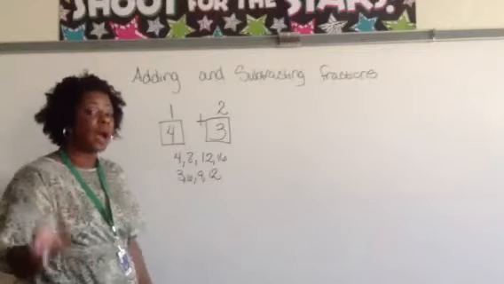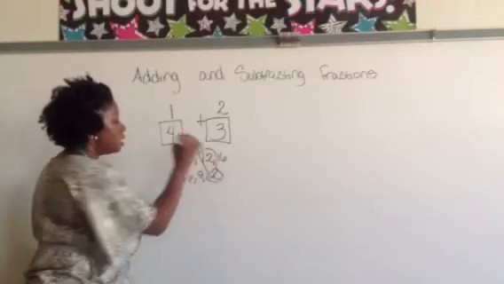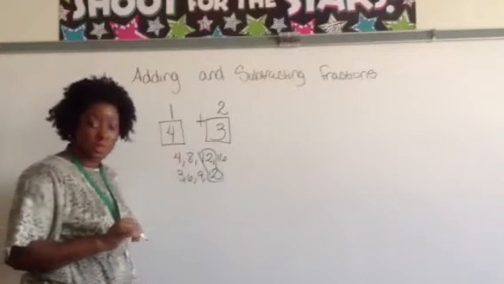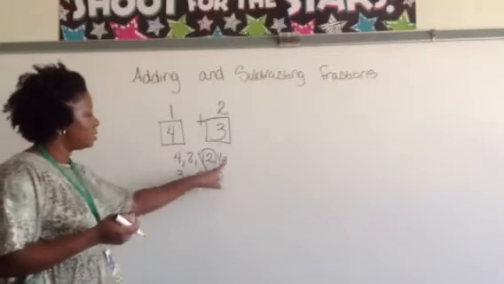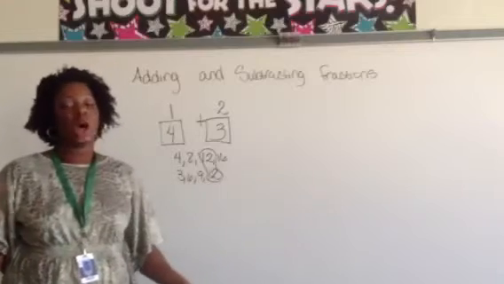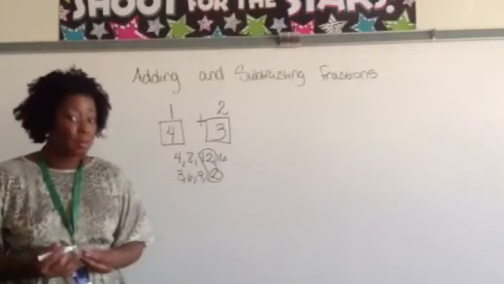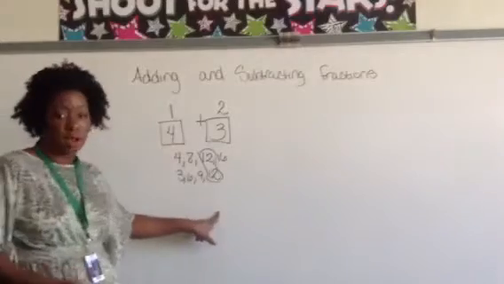I'm going to go ahead and stop right here because I do see one multiple that they have in common, 12. If I were to keep going and make these lists even longer, I'm going to find a lot of multiples that 3 and 4 have in common. However, I want that first one. I want the smallest number that they have in common.